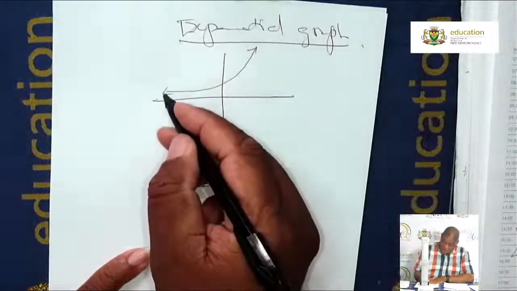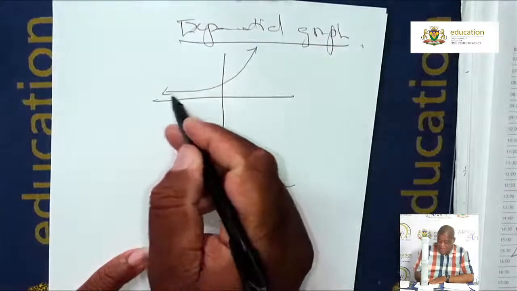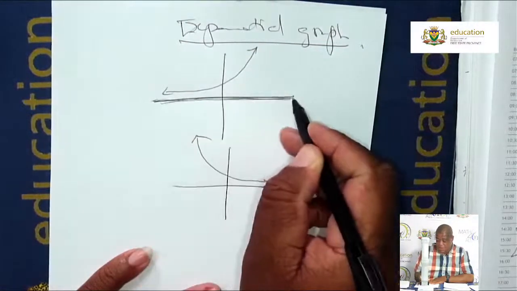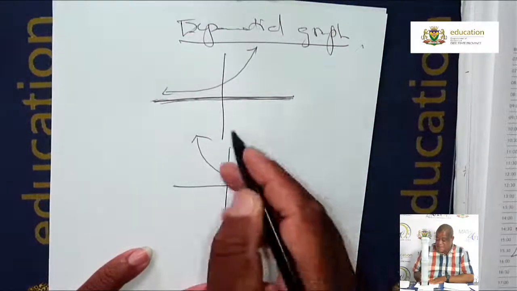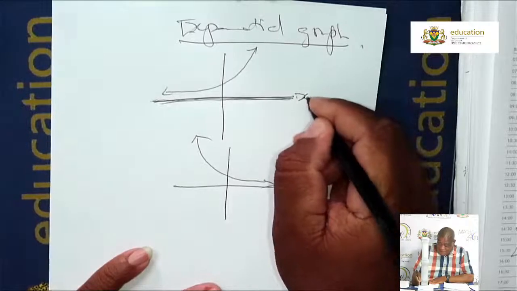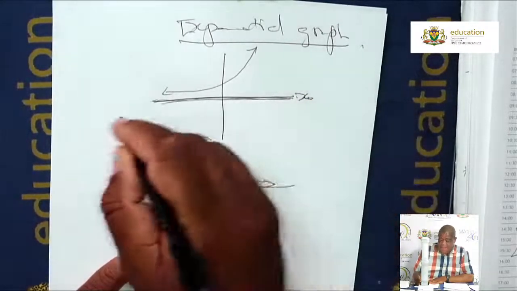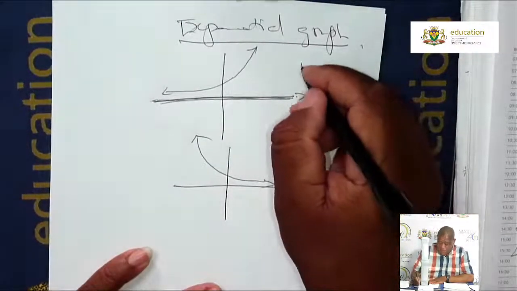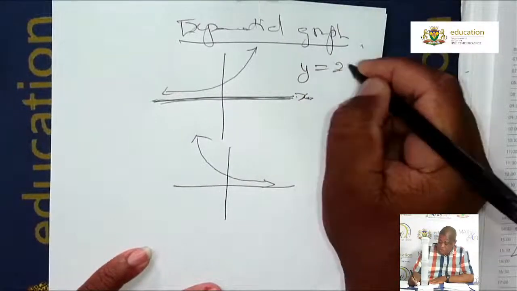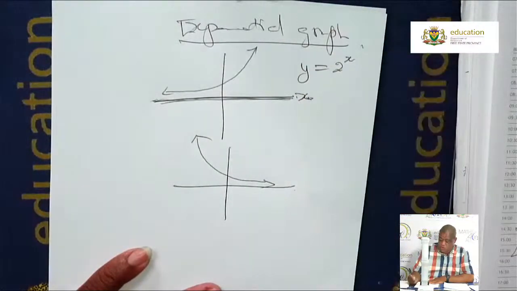But you look at that graph, you realize the graph is getting closer to the x-axis there, but it won't touch it. That's simply telling us that the x-axis here is serving as the asymptote of that graph, which can take the equation y is equal to 2 to power x.